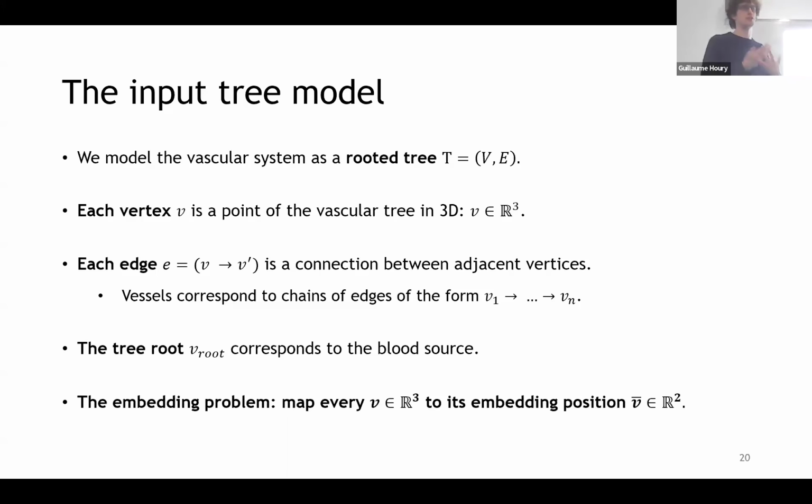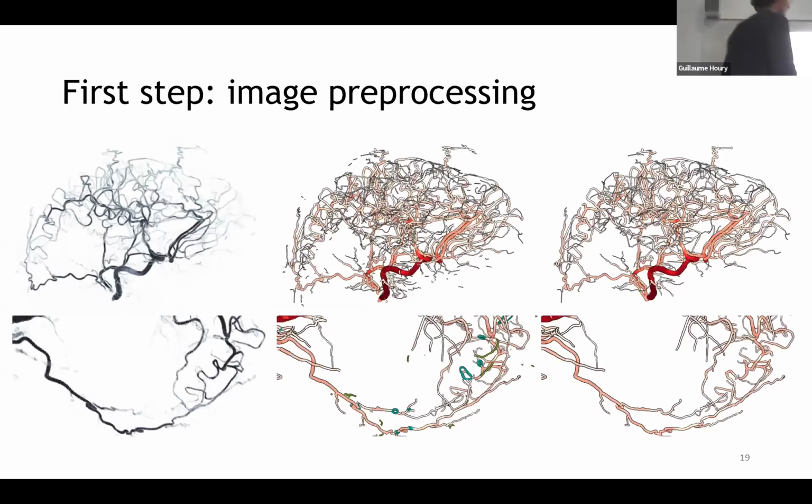We also want the tree to be directed in the direction of the blood flow, so that the tree root corresponds to the blood influx in our vascular system of interest. So in our case, the root will be this node here on the bottom.